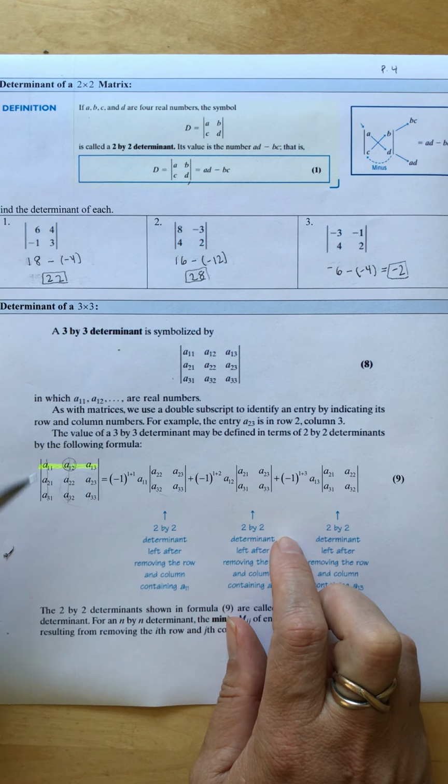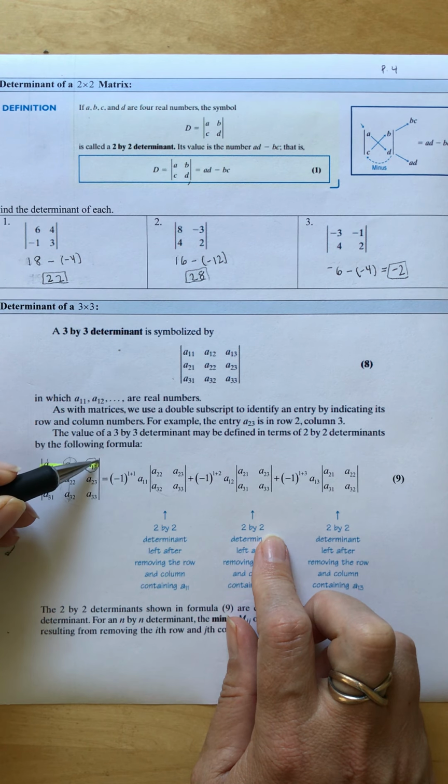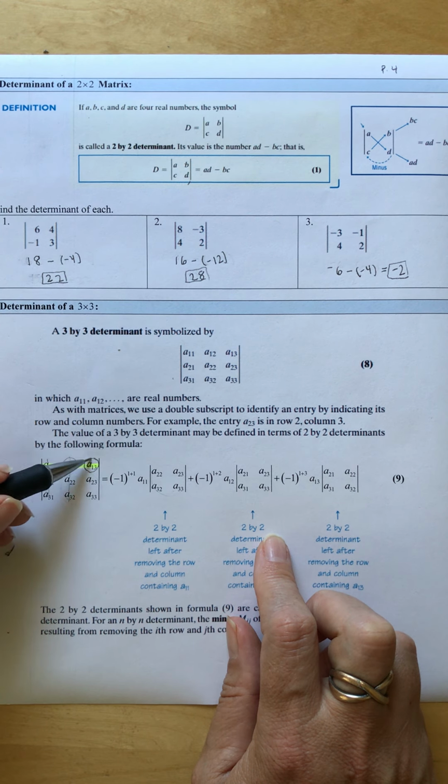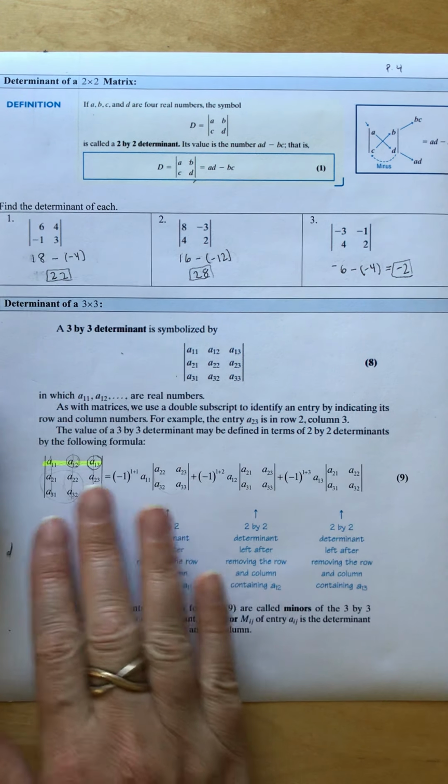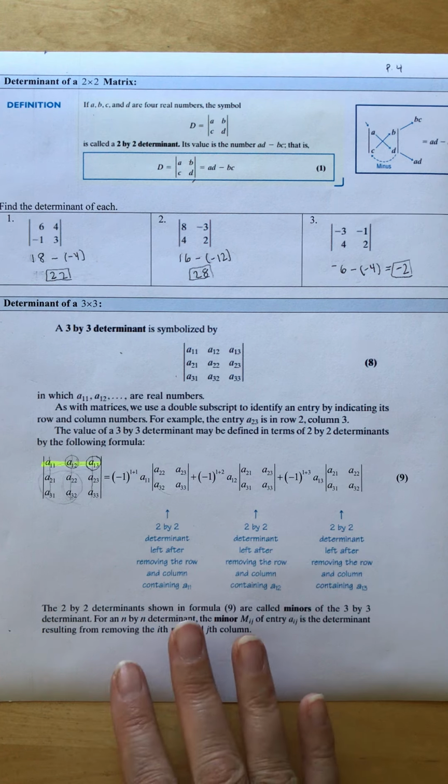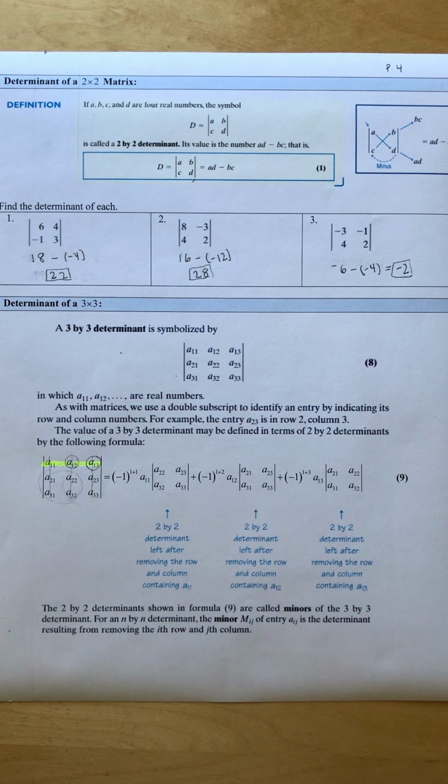Same thing happens here. If you were trying to find the determinant off of this term, then this row and this column get canceled, and you end up finding the determinant of this. So like I said, we are going to practice that rather than try to get it all from this one little chart here.